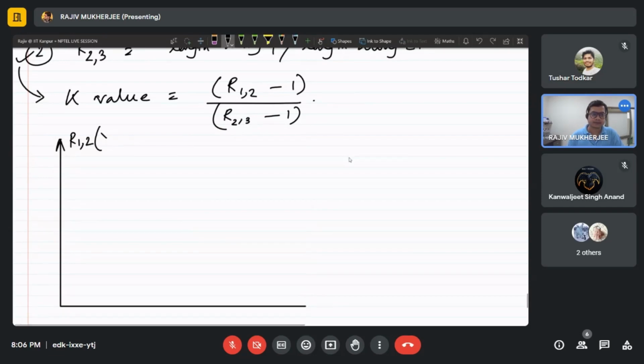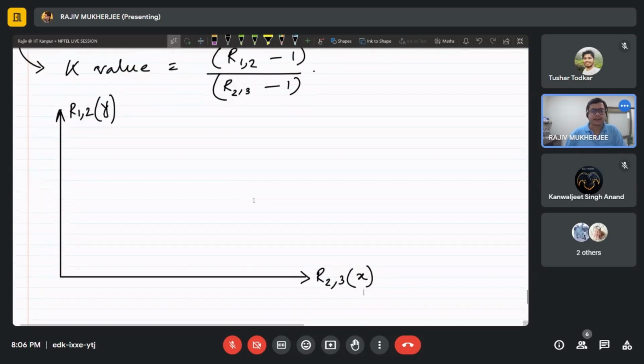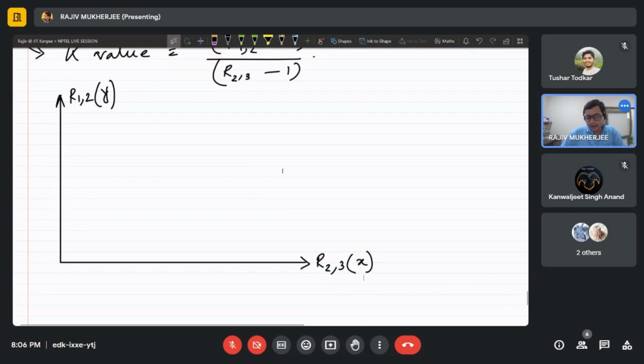So this is another beauty of what we call dimension reduction, right? Dimension reduction means we are combining the different r values together in such a way that we get only one parameter that can be plotted in a two-dimensional plot.